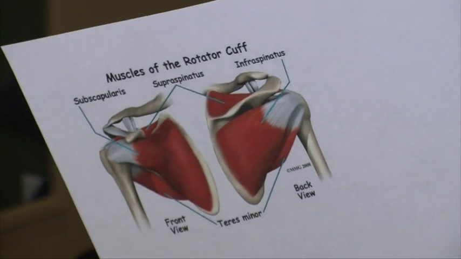So if we look at it, we have the supraspinatus that allows a person to raise their arm away from their body, such as like this, all the way to the top of the head. And then we look at the external rotation provided by 2 of the muscles in the back of the rotator cuff that allows that external rotation. And then likewise, there's a muscle in the front of the rotator cuff that will rotate that arm in.